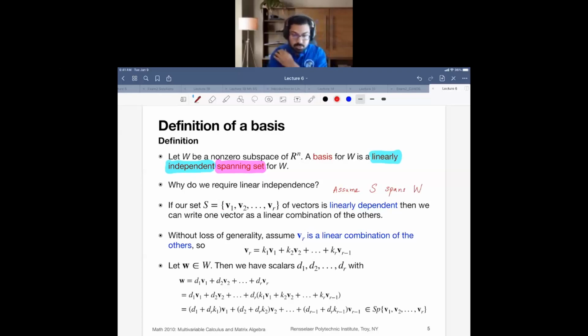The subspace is spanned by these vectors v1 through vr, which means that with any linear combination of these vectors I should be able to get anywhere in the subspace. So we are doing this proof by contradiction. If this set was linearly dependent, right, so these vectors are not completely independent, there is a vector in there which is linearly dependent. Then we can write one of these as a linear combination of the others.